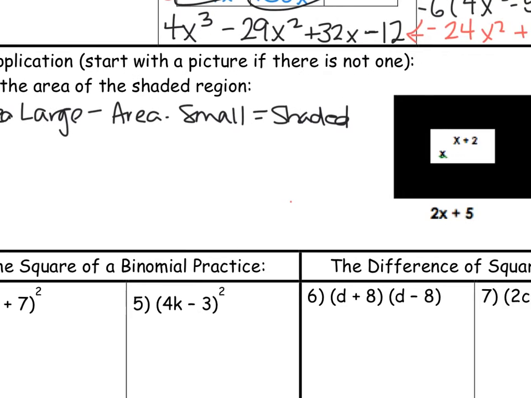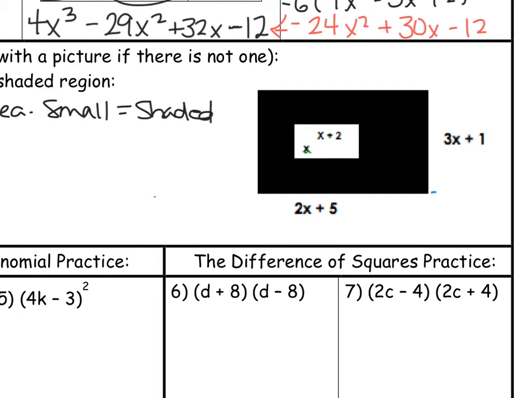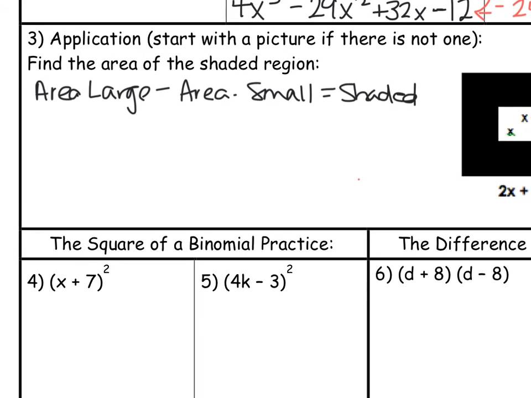So if we go back over here and look at the dimensions of the large rectangle, it's 2x plus 5 and 3x plus 1. Well, how do you find area of a rectangle? It's length times width. Same thing with this rectangle on the inside, it's length times width. So we're going to set up our equations.